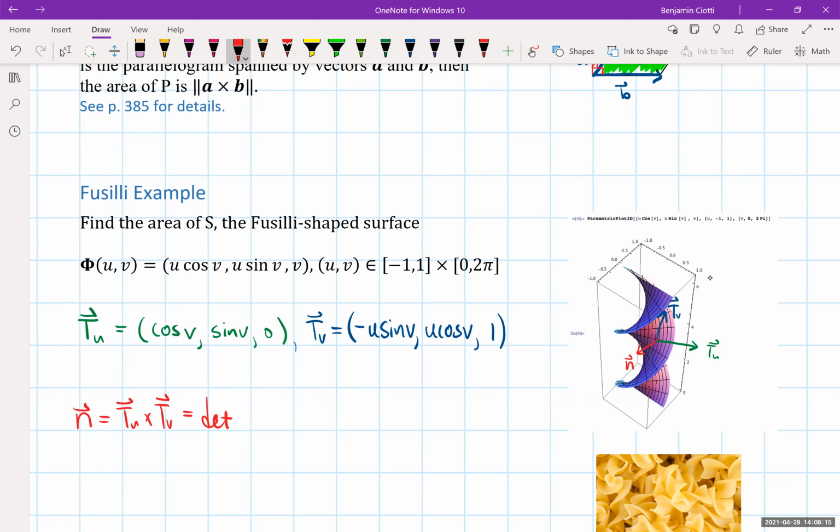So let me write that out. cos v, sine v, 0; negative u sine v, u cos v, 1. I'll still upload this recording.